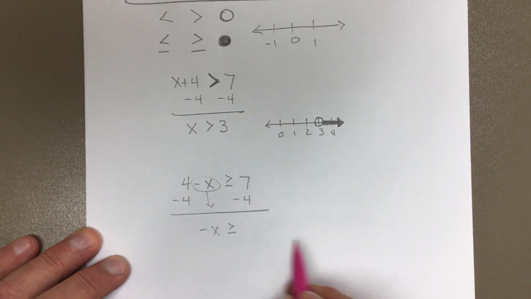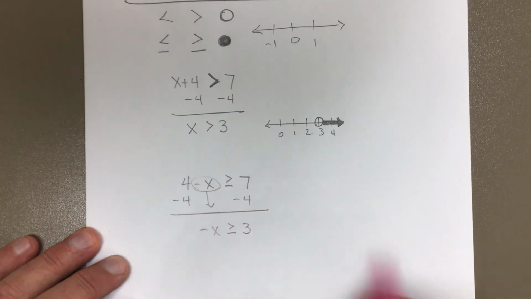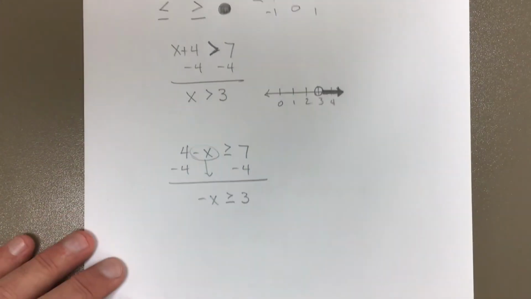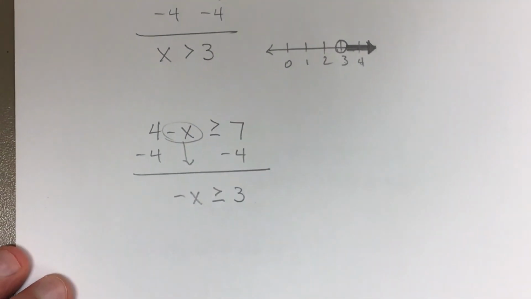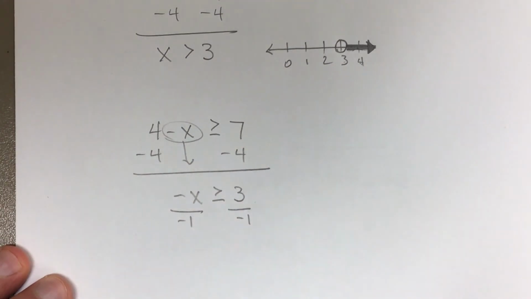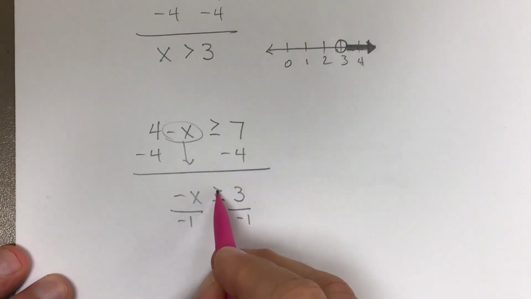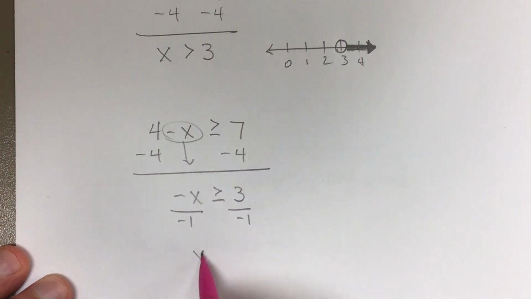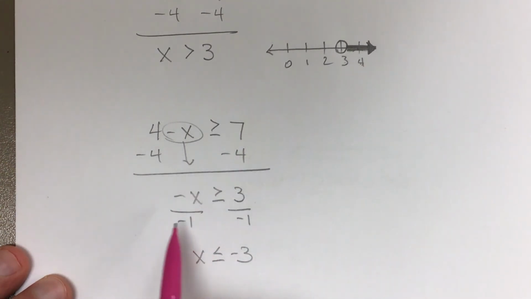Negative x is greater than or equal to 3. But I don't want negative x. I want positive x. So remember, that means I have to divide by -1. If I divide by -1, I have to flip the direction. So now x becomes less than or equal to -3. This is where some of you will mess up and forget. I don't want the other way around.